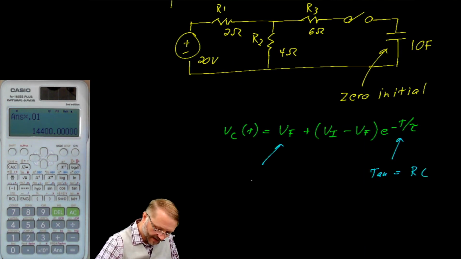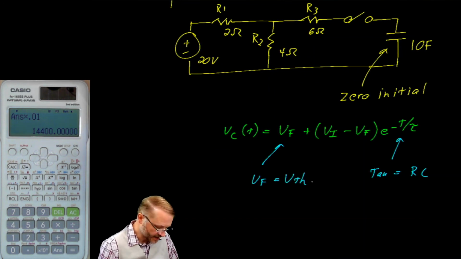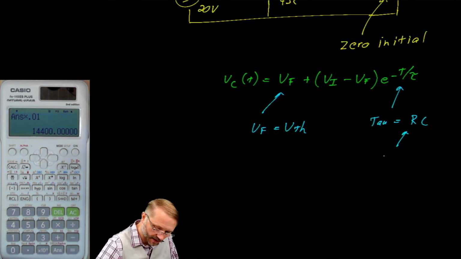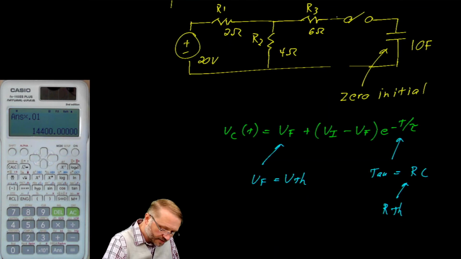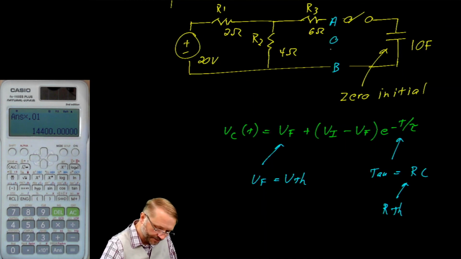This V final is actually the V Thévenin. I want to get fussy. This R is R Thévenin. Our opening move in this problem is to calculate a Thévenin equivalent circuit. So we remove the load and we look in.